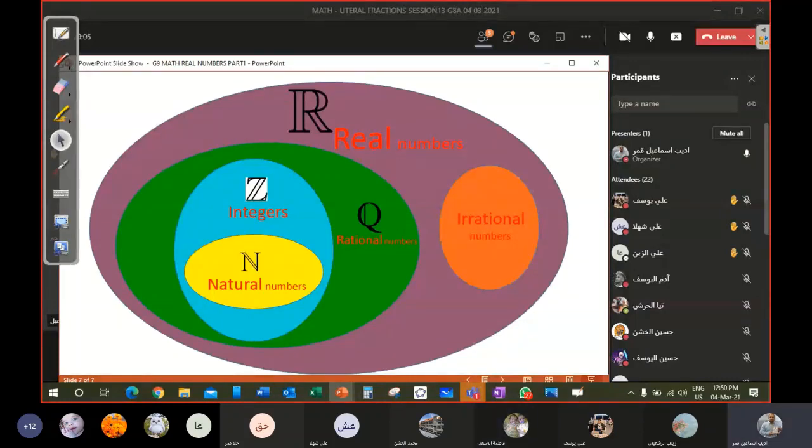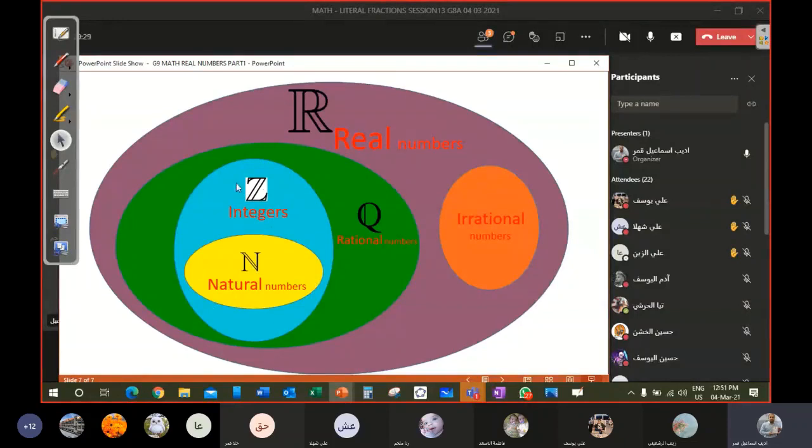Now, you can draw this diagram or take a screenshot of it on your phones to continue. As you can see, the natural numbers are like a small ball inside a bigger ball, which is the integers.